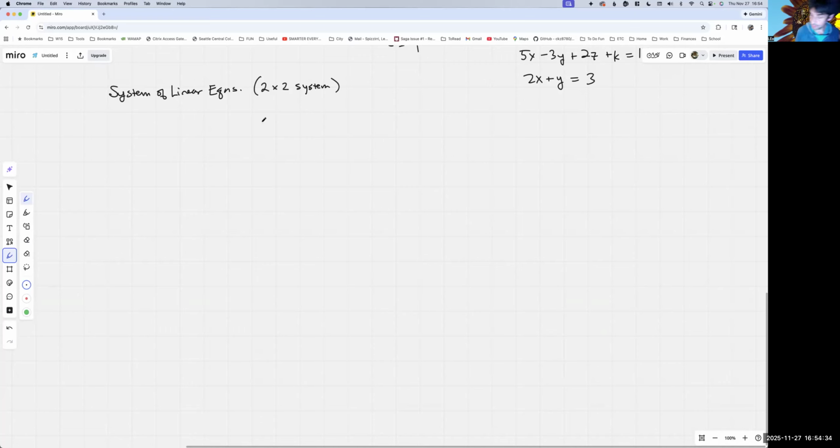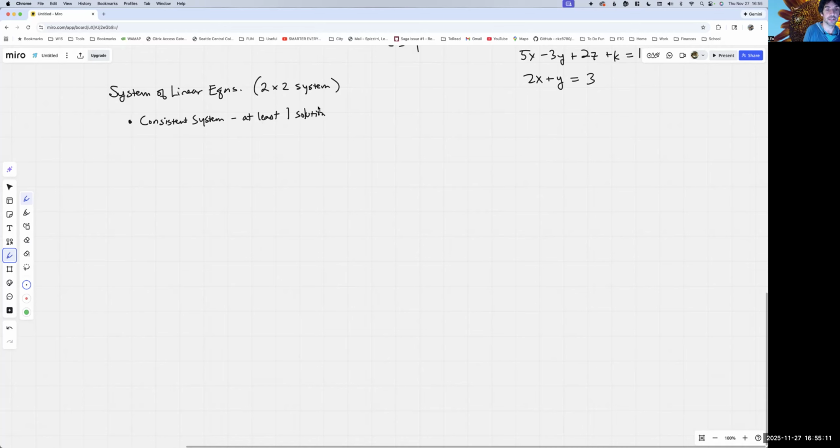When we solve systems, we're trying to find values of those variables. Like we saw in this case, we can picture them as coordinate points that make both equations true. So you find a single x value, a single y value, if those are your variables, that makes both equations true. When we do this, there are different possibilities. We might have what we call a consistent system, which has at least one solution.